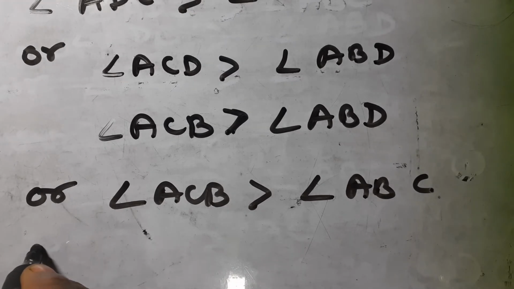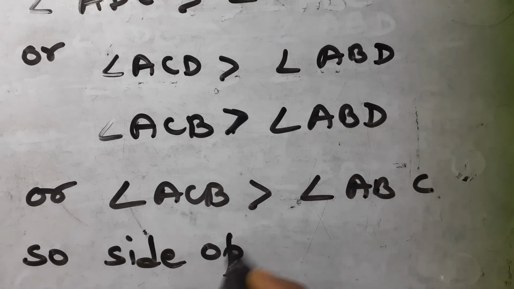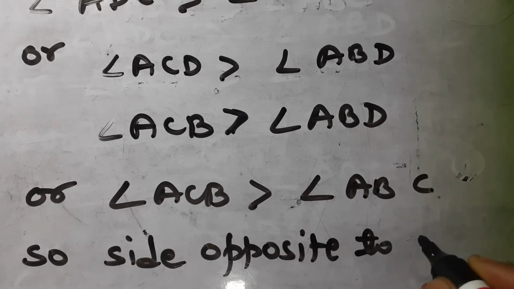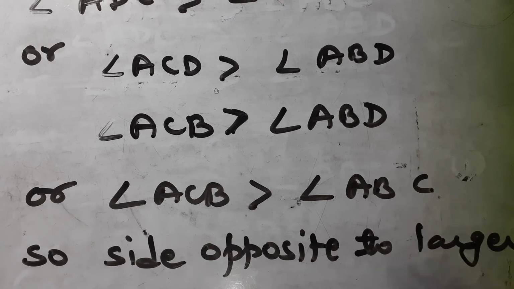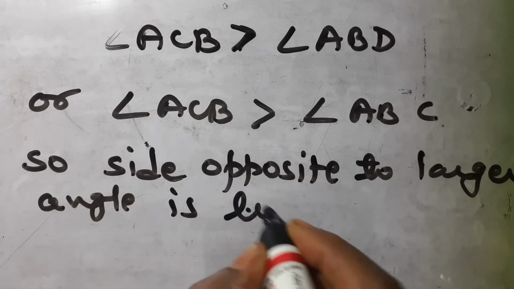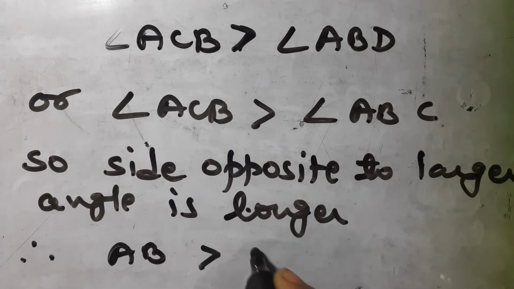So side opposite to larger angle is longer. Therefore, AB is greater than AC.